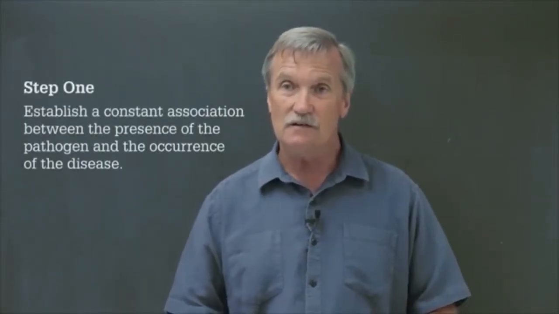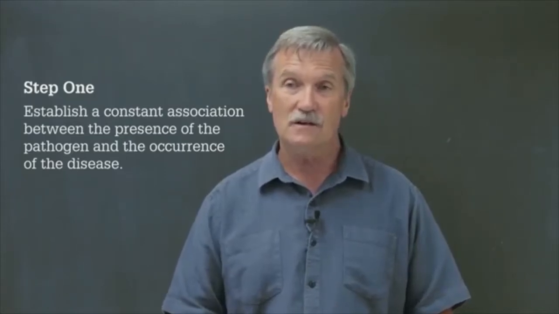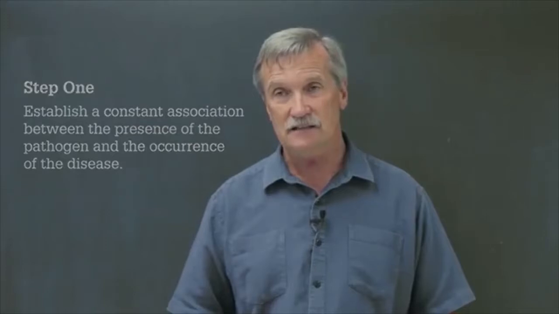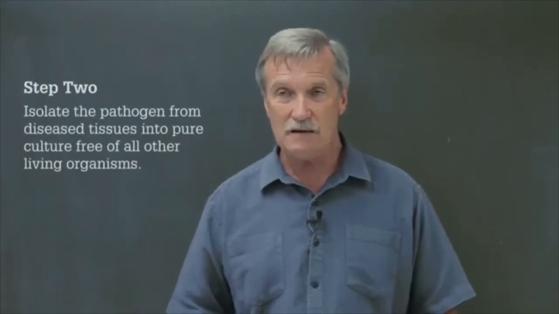So what are those 4 steps of Koch's postulates that we use in plant pathology? First is to establish a constant association of a specific pathogen with the occurrence of a disease. Secondly, isolate that pathogen into pure culture free of all other organisms.